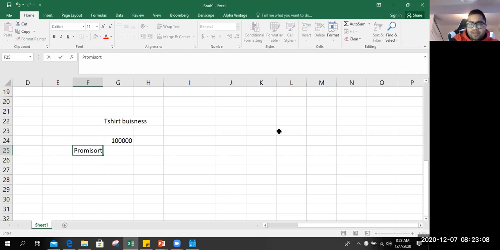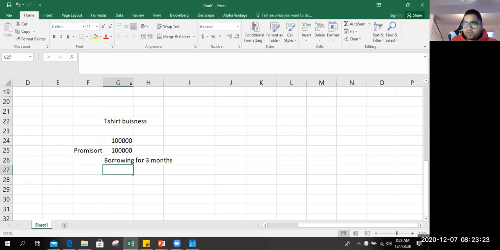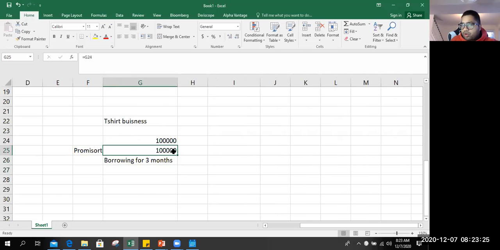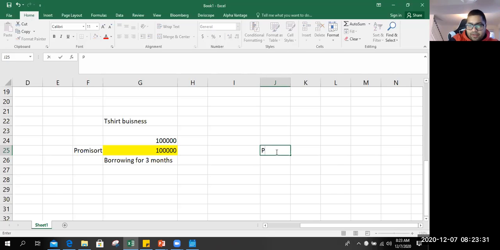So what is a promissory note? I'll borrow 100,000 right now. So this is borrowing. Let's say I'm borrowing for 3 months. So I'll borrow right now, and after 3 months, I'll pay 100,000 plus interest.